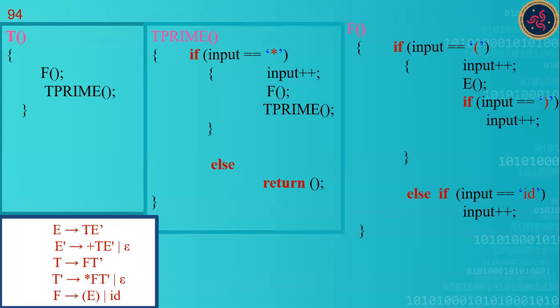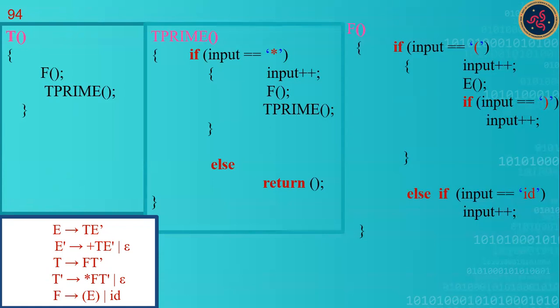Then we call the non-terminal function, that is, the function E. Next, we check whether there is a closing bracket. If this is true, then we increment the pointer. So this production is implemented by using this if.